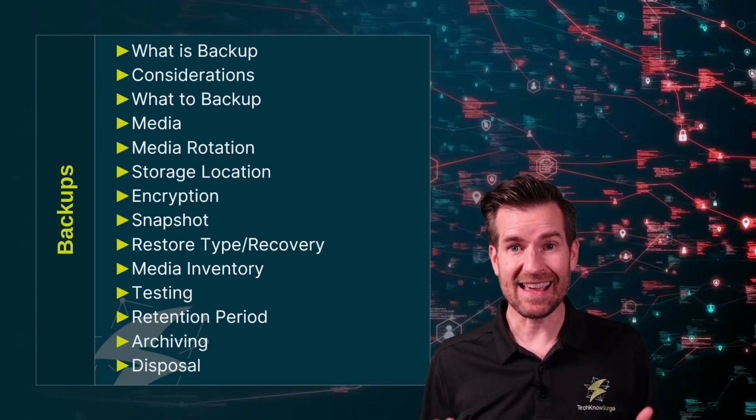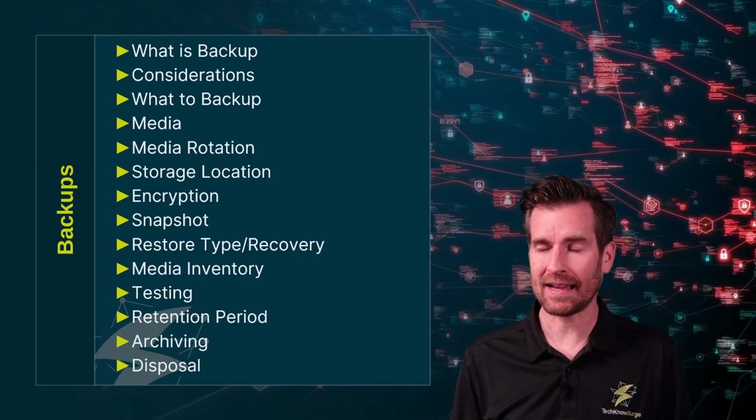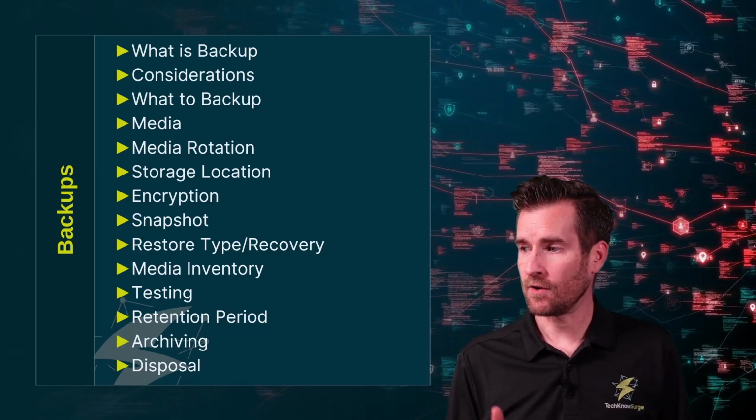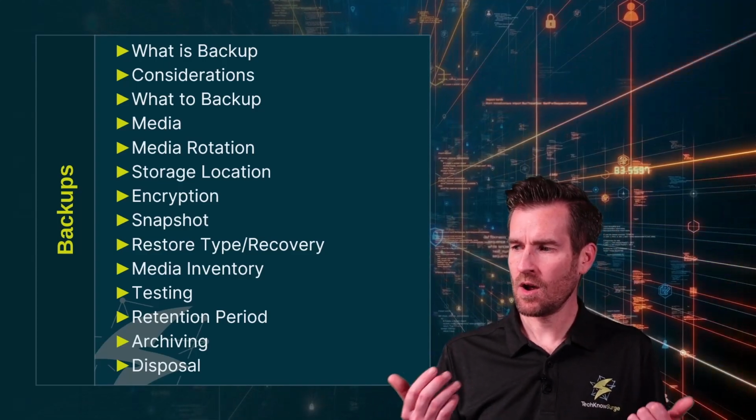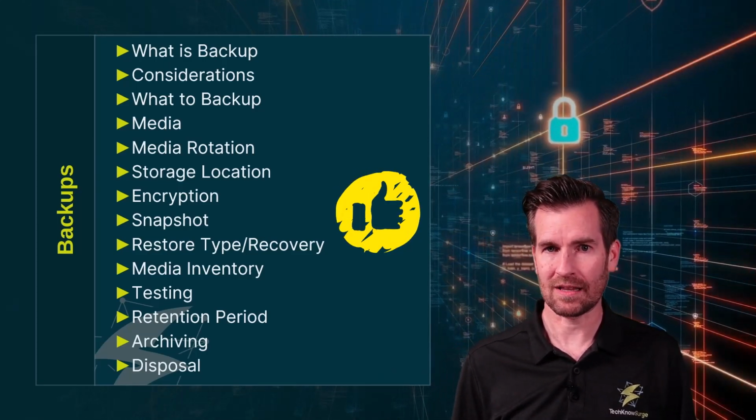We talked about media inventory and how that can categorize your backup so that way you can go back and access it. We talked about testing, retention period. We talked about archiving the data, and we finished off talking about disposing the information.